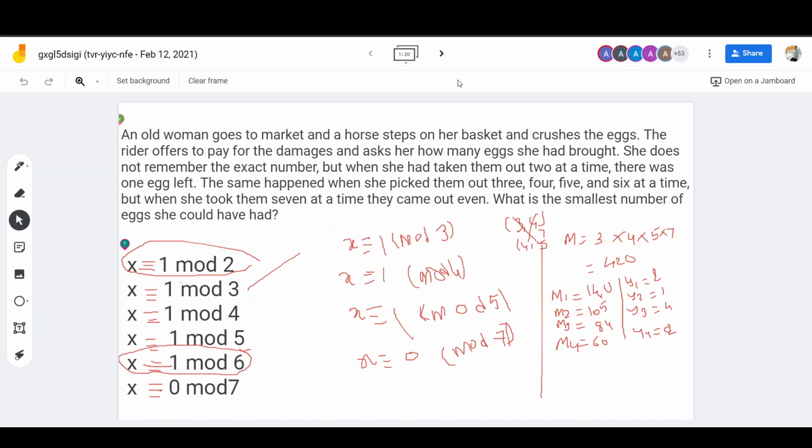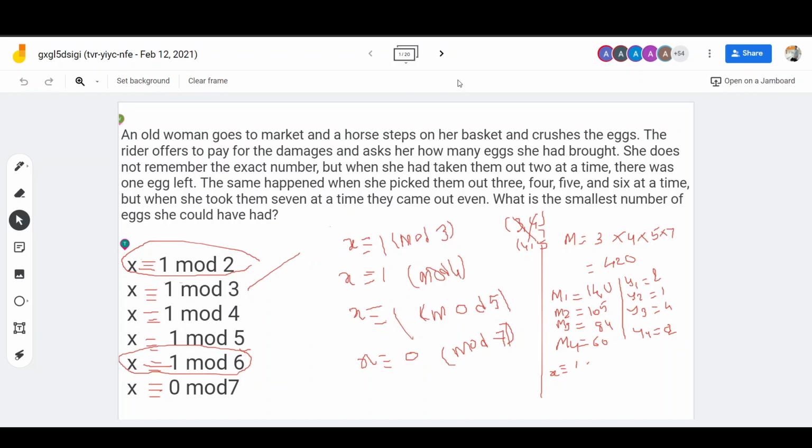And finally we need to find the x value. How are we finding x? This is going to be congruent to, you apply the summation formula. That means you need to write it down: 1, 140 and 2.